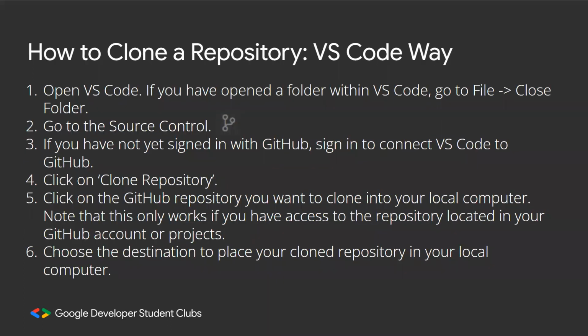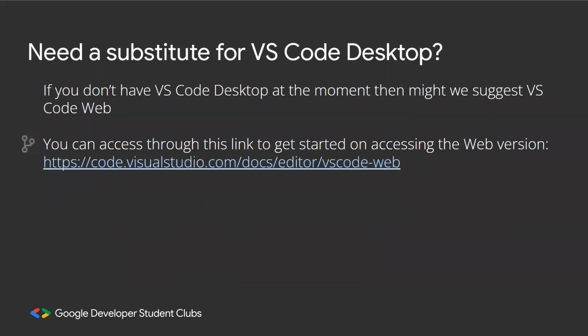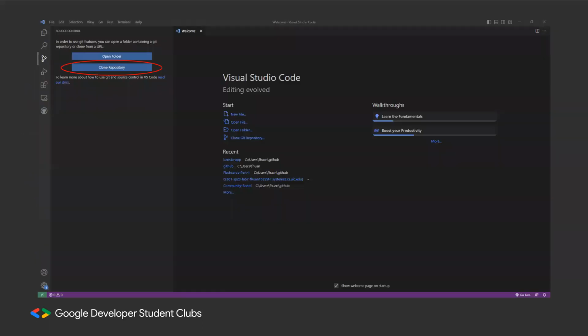Of course, there is another, easier way of doing it, which I like to call the VS Code way. In your VS Code, you go to your source control, so it looks like this right here. And if you haven't connected your GitHub to your VS Code, do that first.